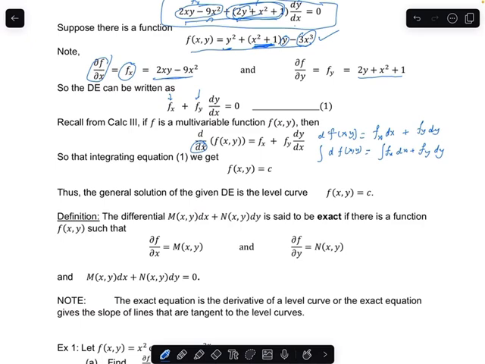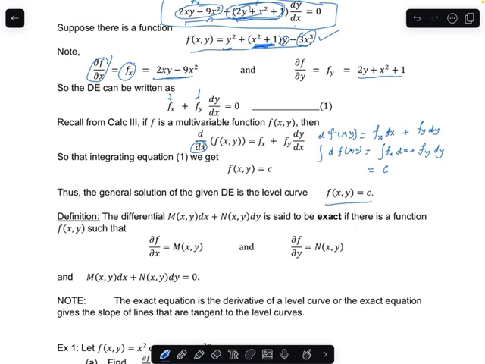So we get a function of x and y, but then we say this is equal to a constant. So the general solution for the given DE is actually the level curve f of x, y equal to c.